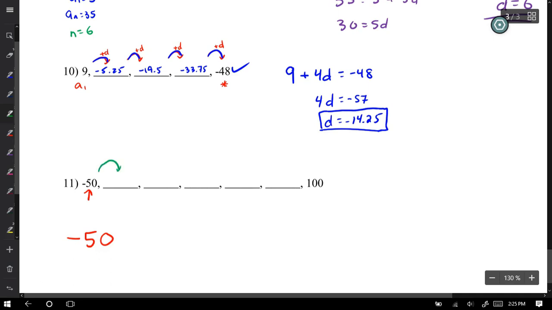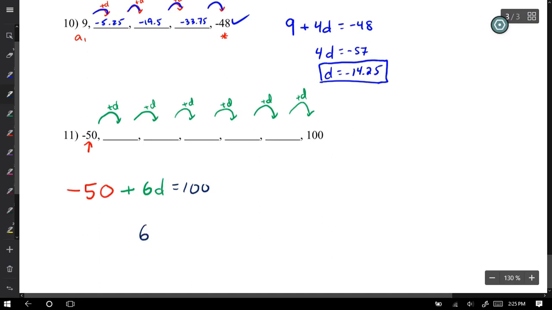I'm going to add 1d, 2d's, 3d's, 4d's, 5d's, 6d's. If I add 6d's to that negative 50, that is going to give me 100.